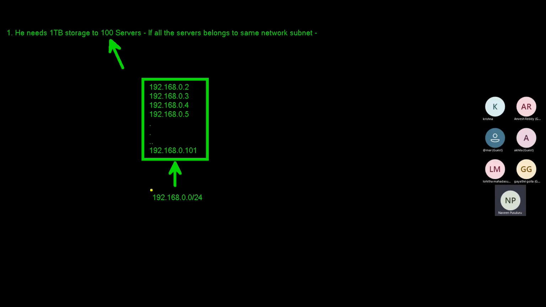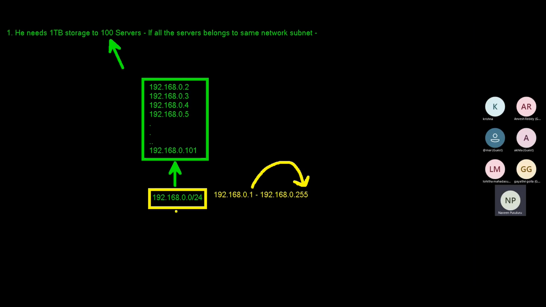So instead of adding all these servers in the client match, you can just put this address. Whatever servers are in this range, normally the IP address range will be 192.168.0.1 to 192.168.0.255. This is the entire range, 1, 2, 3, 4, 5, 6, 7, like that up to 255. Whatever IPs are within this range, all of them will get access if you add this subnet address.